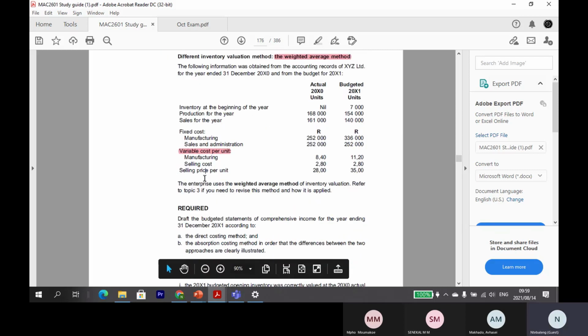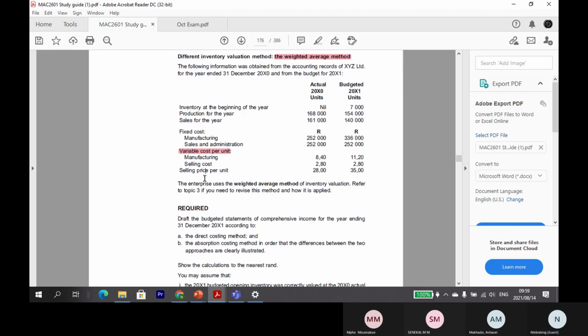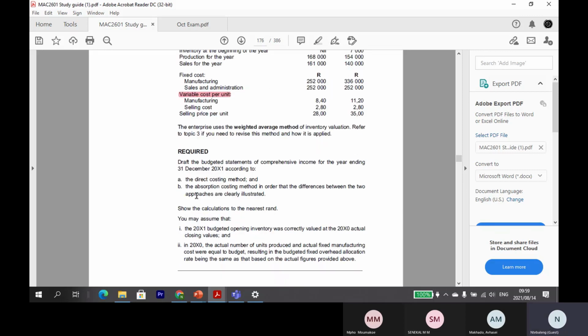Then they give you the sales price per unit. Now they tell you that the enterprise uses the weighted average method of inventory valuation. Refer to topic 3. That's what we looked at last week. It should be fresh.